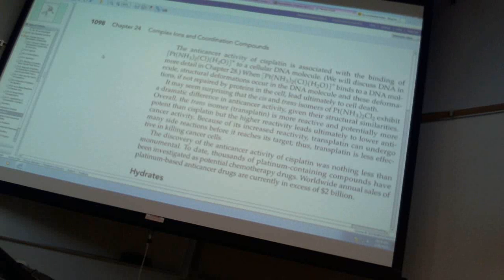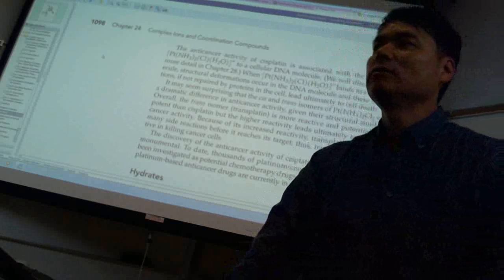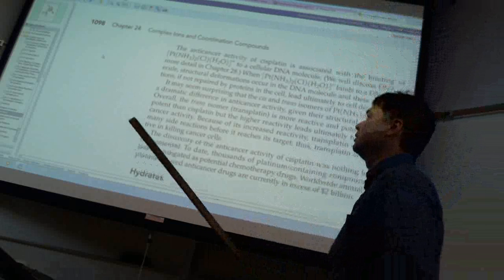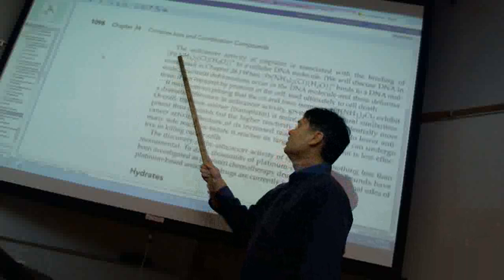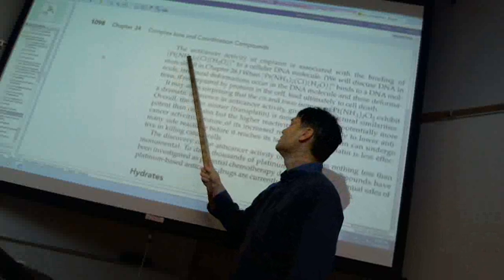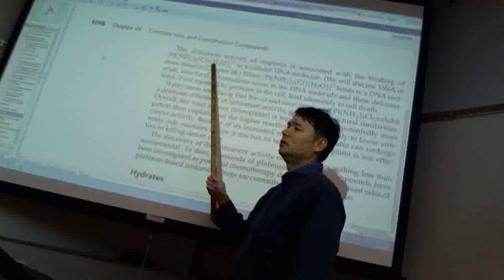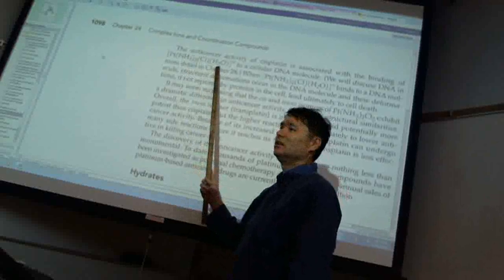See that? And so, to avoid this, I'm going to just keep one rule. The one rule is we're going to name it alphabetically according to its name. And so I'm not going to look at the element here, nitrogen versus N versus H. I'm going to look at the name, amine versus aqua.